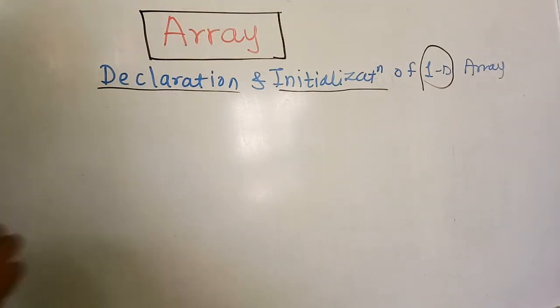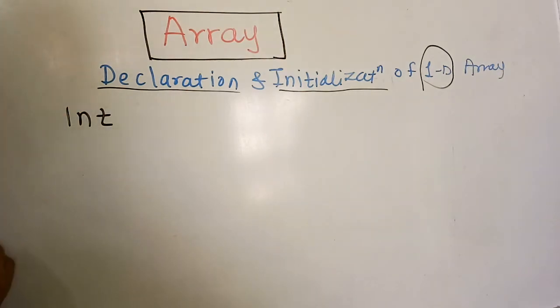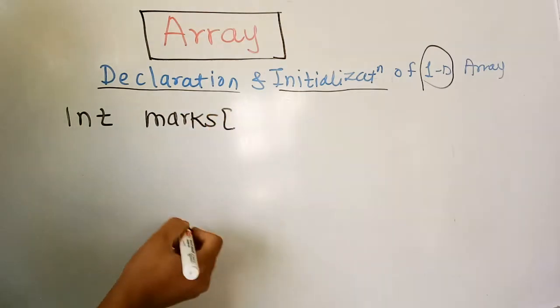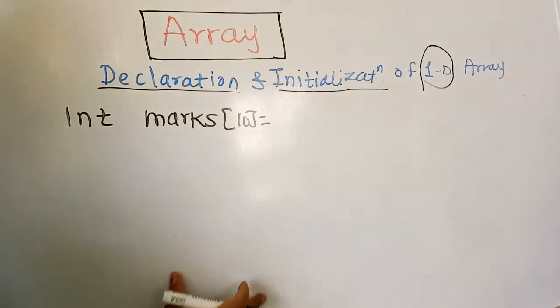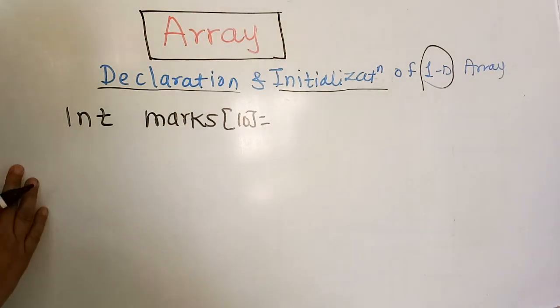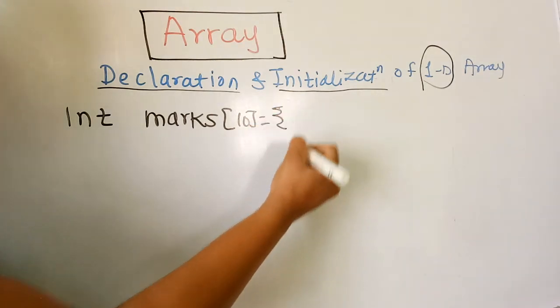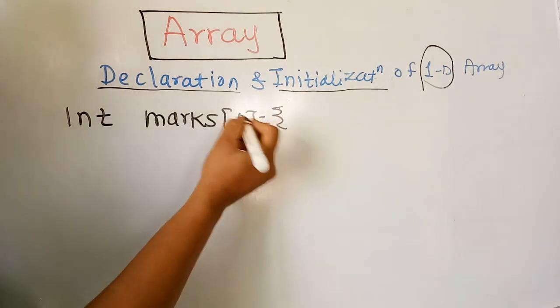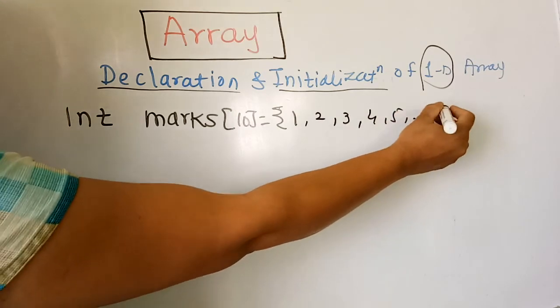For example, you will write the data type of the array, for example integer, and you have the marks of 10 students. Then, instead of specifying a separate index for each mark, you can specify it in a single line: open the curly bracket, then specify the 10 students' values.